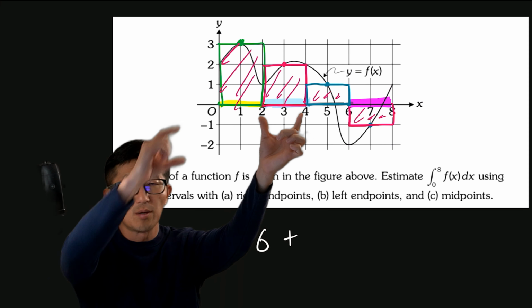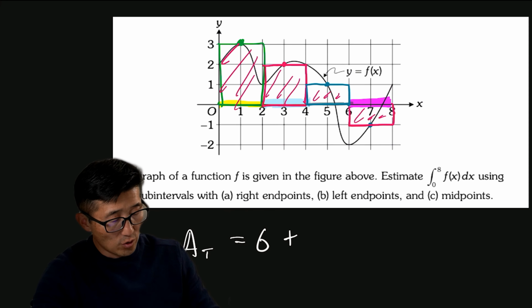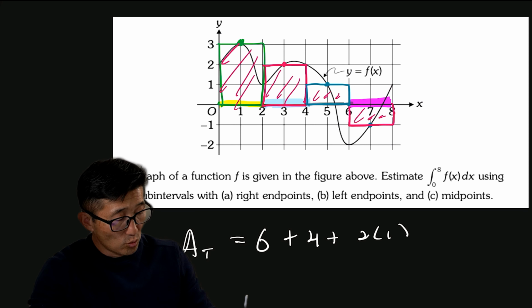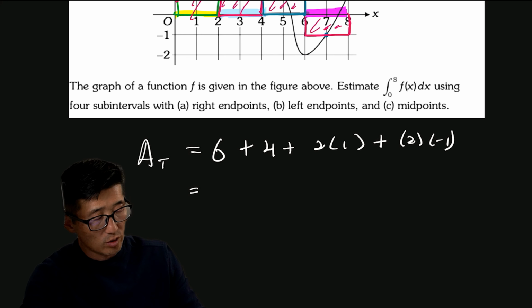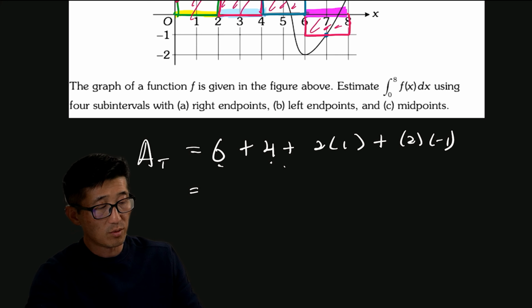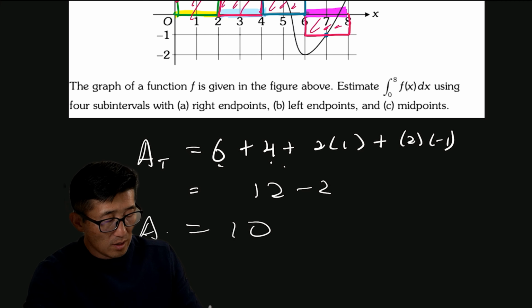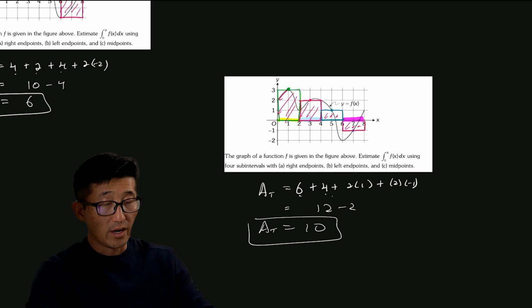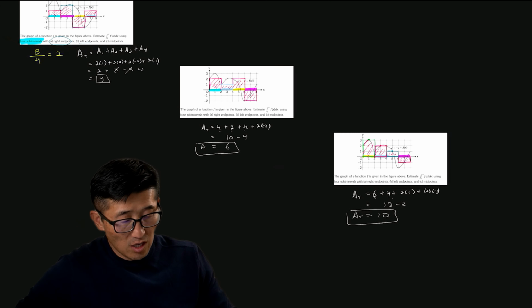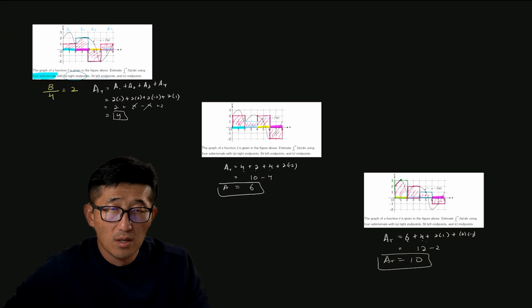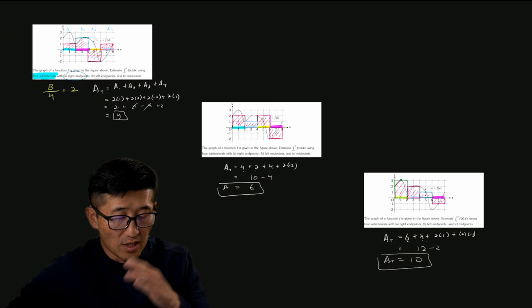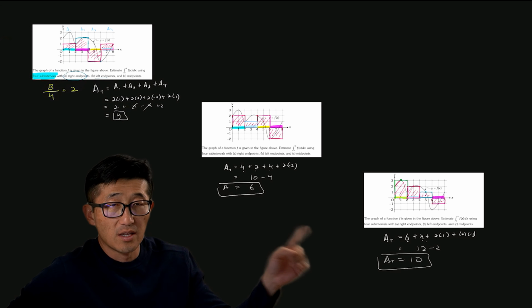And then 2 times 2, which is 4. 2 times 1, and then 2 times -1. So the area is 6 plus 4, which is 10, plus 2, which is 12, minus 2, which is 10. All right, so that's how you use a Riemann sum procedure for left corner, right corner, and the middle.